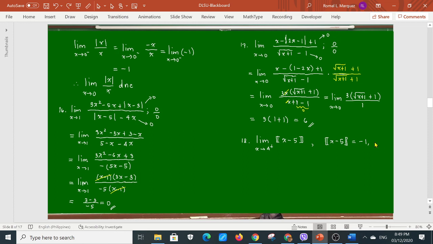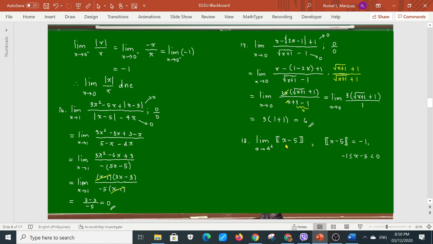If x minus 5 is between negative 1 and 0. Okay? Guys? O di ba pag nag-assign ako rito ng x, yung mga 4 point something, tama ba, children?